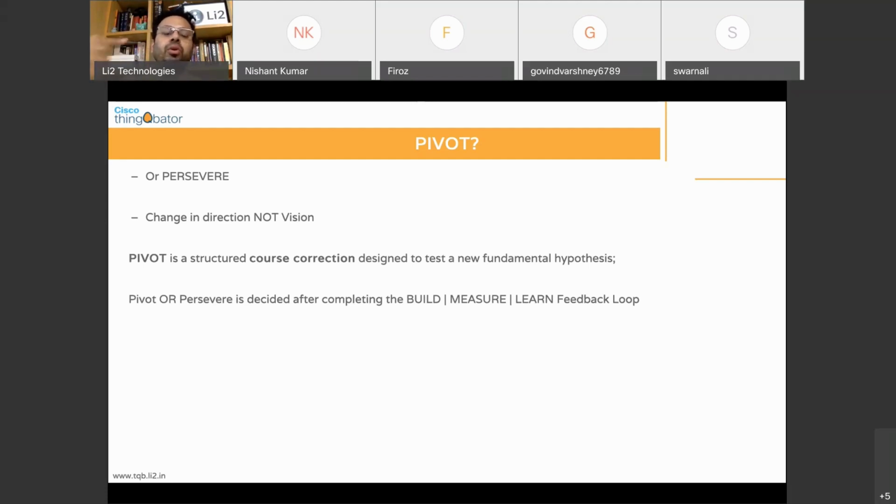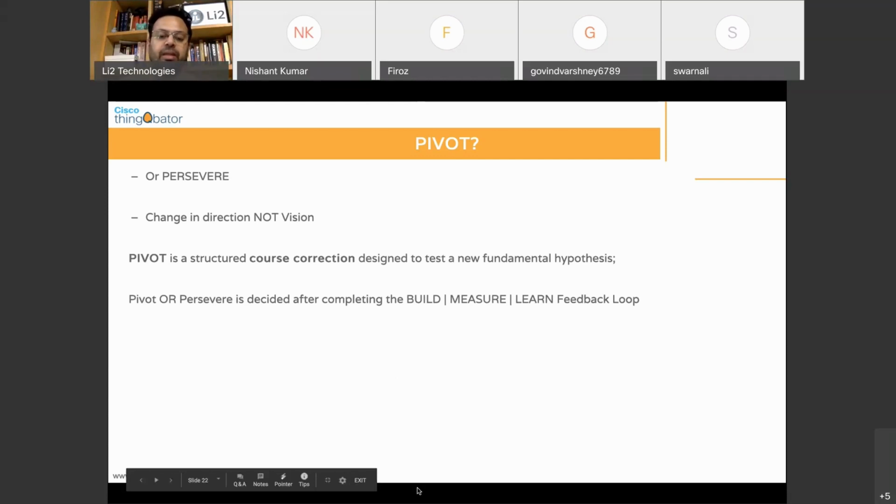You keep checking: is this direction working for my vision? And you keep pivoting. If something clicks, then persevere until you have a final value proposition and then the final solution. So vision is not changing. Different directions to reach the vision is what pivot is all about.